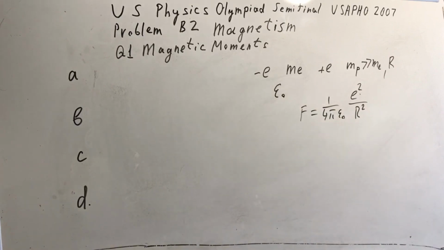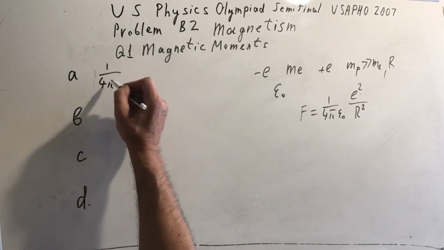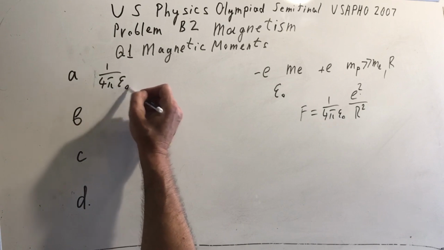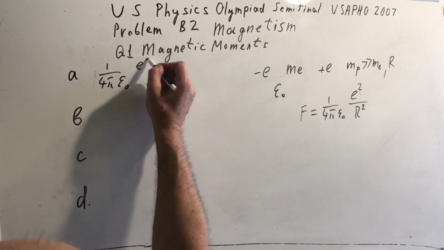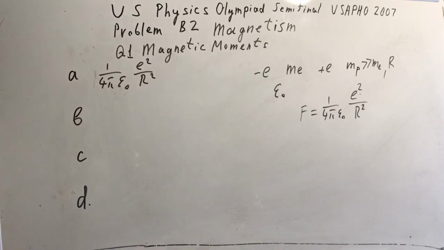So that will be the answer for the first question: 1 over 4 pi epsilon 0 e square over r square.